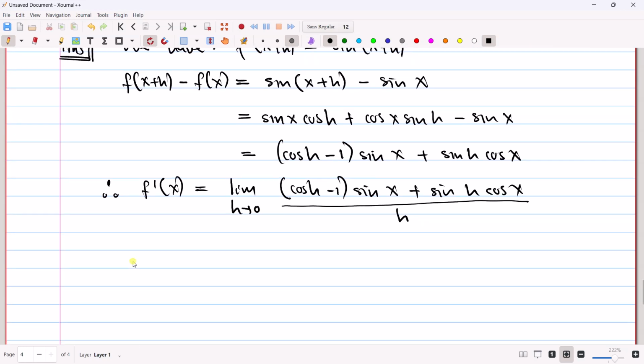Since we know what the limits of cos h minus 1 over h and sine h over h do, we use the limit properties.